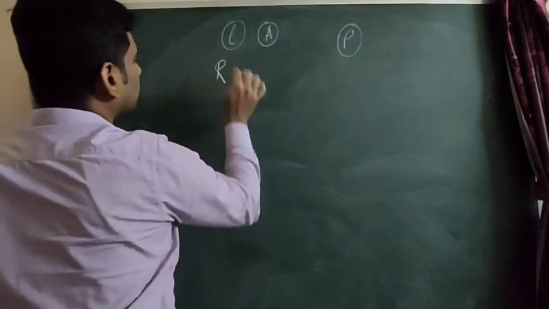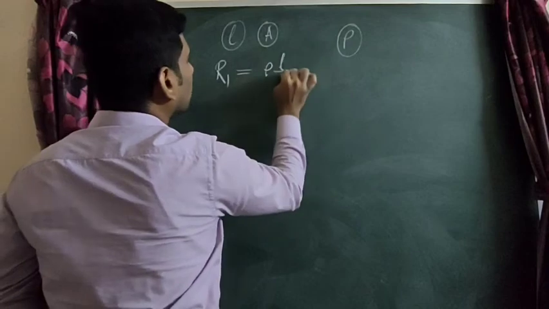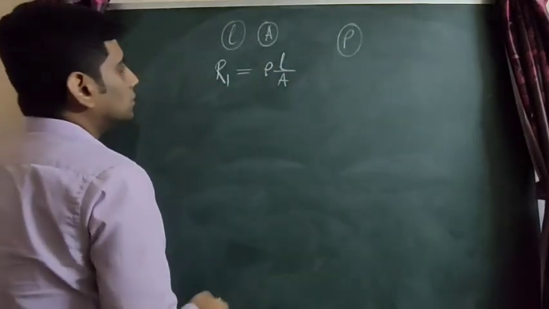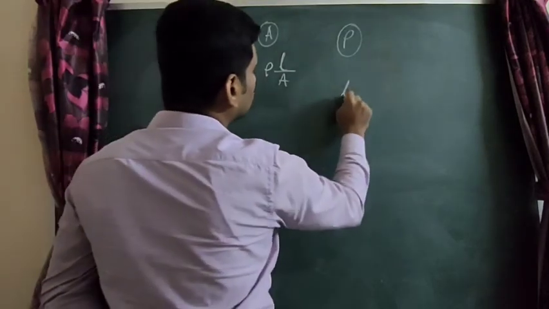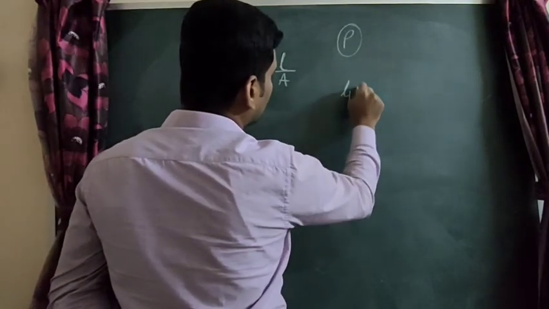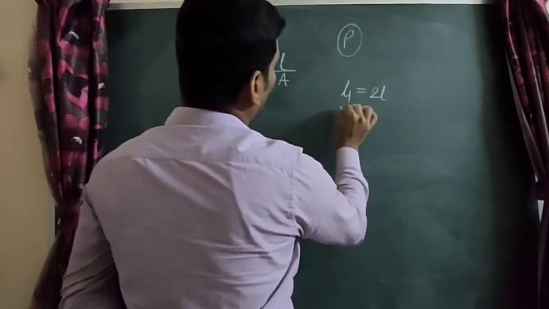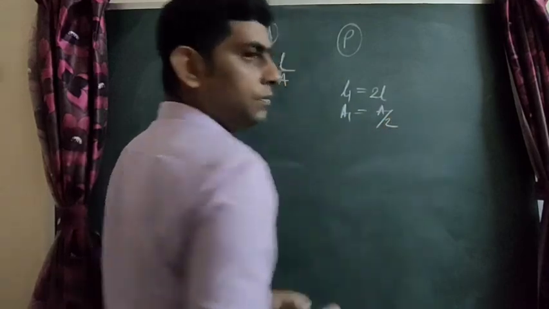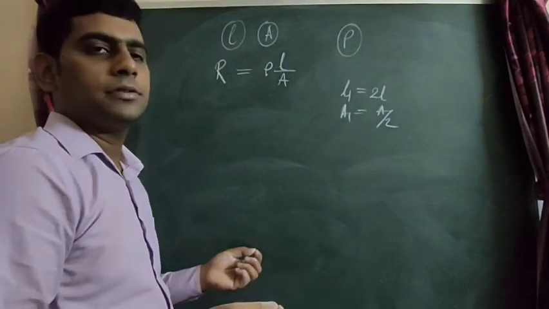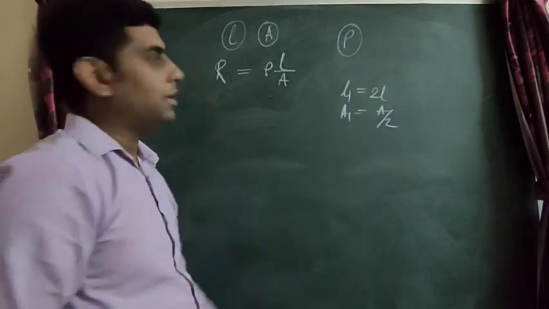So suppose the resistance is R, that will be rho into L by A. Now, as per the new condition, the length is doubled, so the new length becomes 2L, and the new area becomes A by 2, half.